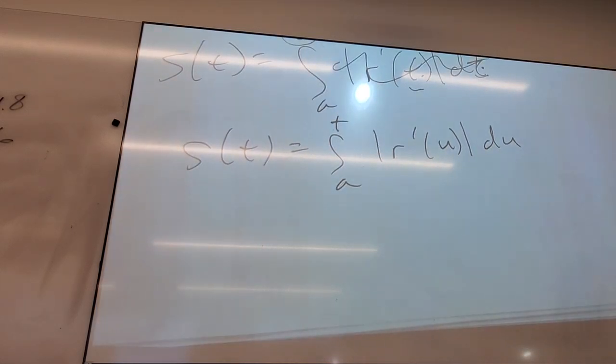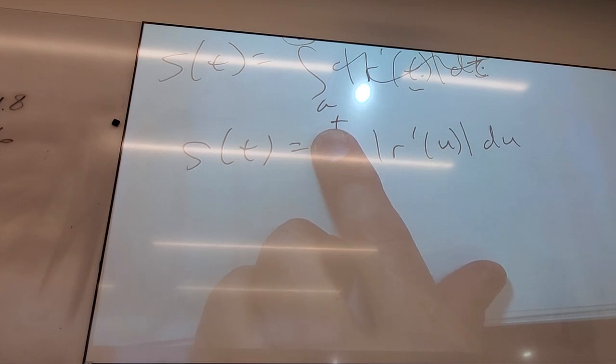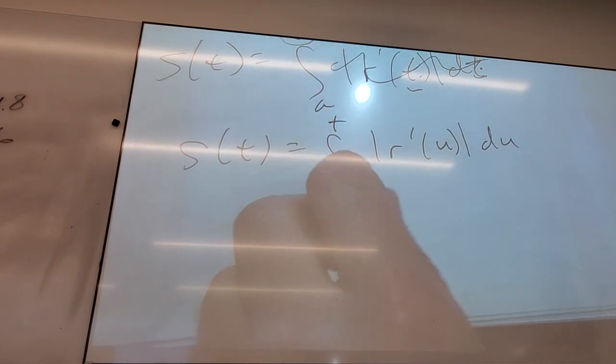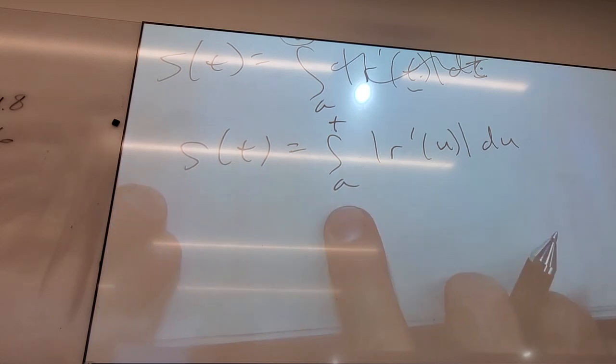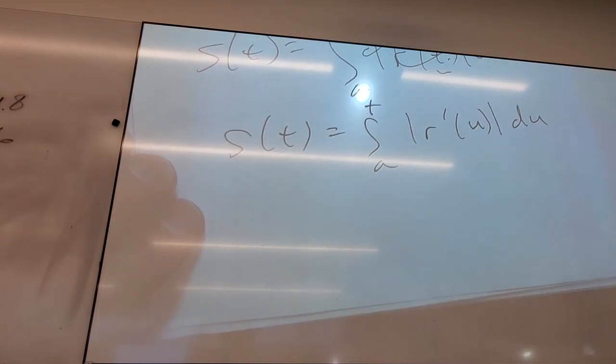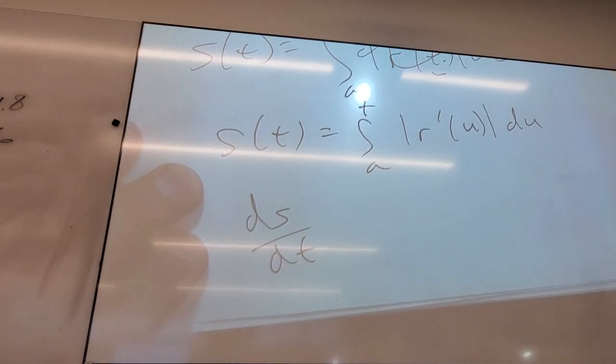So remember, the weird thing about FTC 1 was it was the integral from a to x of f of t dt, and explaining why it was a t took a little bit of time. So this is an integral function, because our variable is actually one of the limits of the integration. Let me stop for a minute. So this is arc length. Can somebody tell me then, according to FTC 1, what is ds/dt?